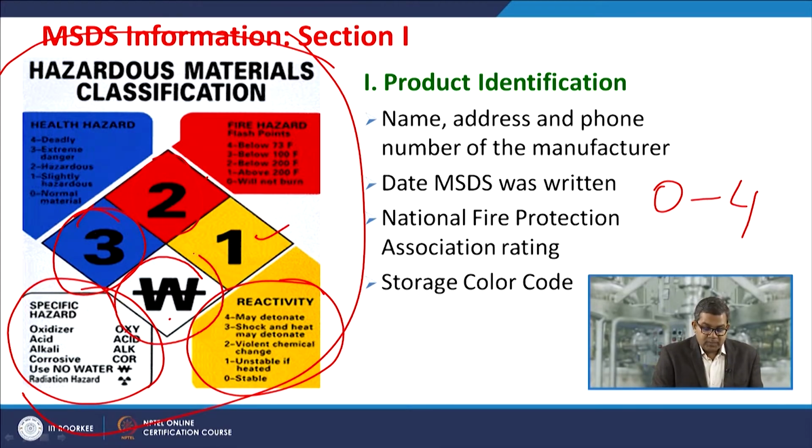Now, suppose this particular line represents that this chemical is not reactive with water. This pictorial diagram is useful because sometimes it may not be possible for you to go through the entire material safety data sheet, as it may contain so many pages. So this information gives you a gist of how hazardous the chemical is.